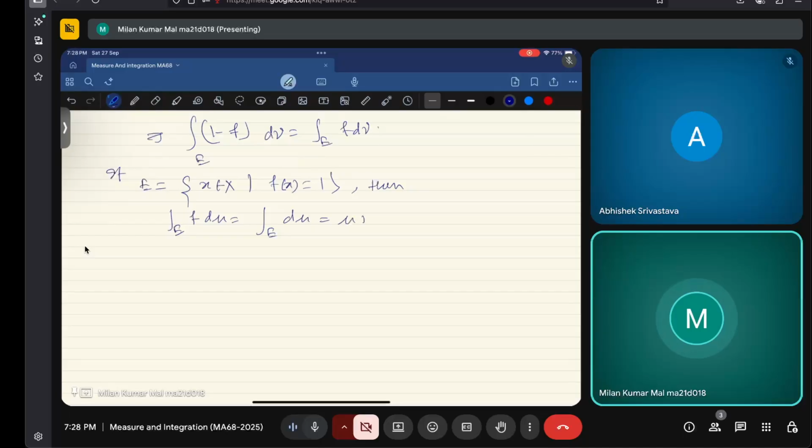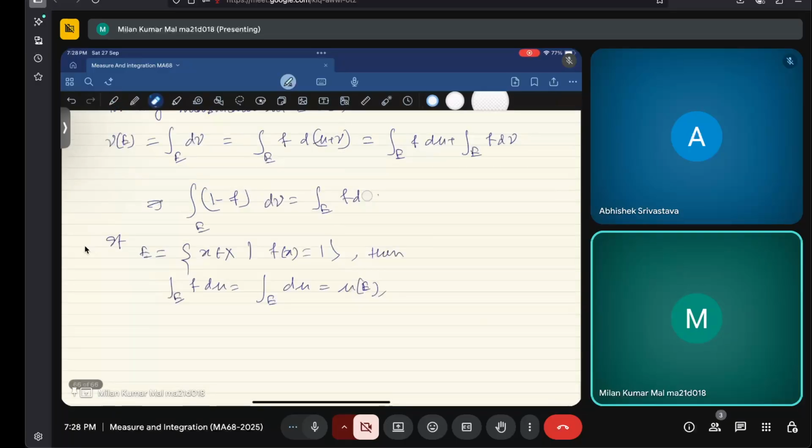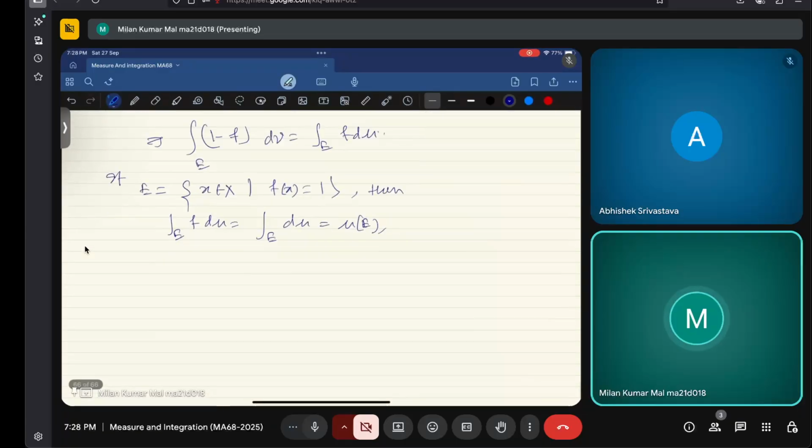That is equal to mu of E. So in this particular case, the above equality gives this. Here we are considering the function f, and considering E as the set where the function is 1. So mu of E is basically the integration over E of f d mu. Okay.